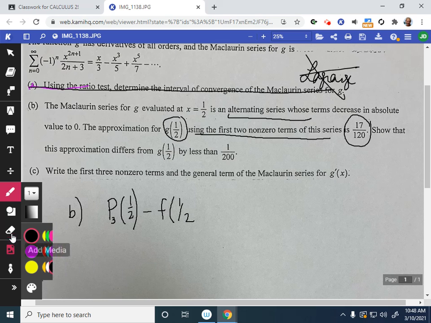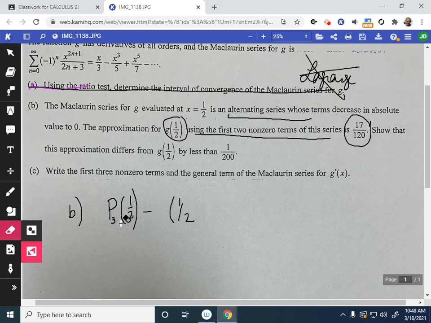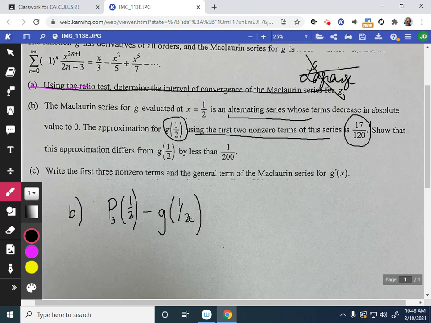Whoops, it's not f, it's g. They're saying, show me that this error, this difference between the polynomial and the function, which they actually want me to use the absolute value of because they want the error to be positive, is less than 1 over 200. That's what this is asking you to do. It's just a lot of words, so it's really freaky.